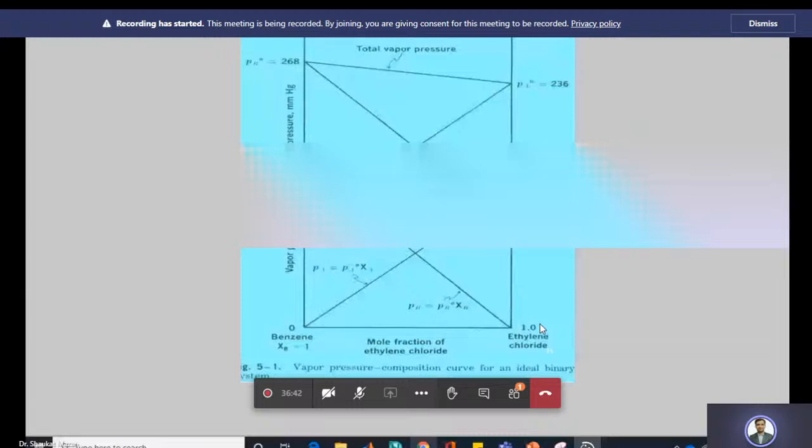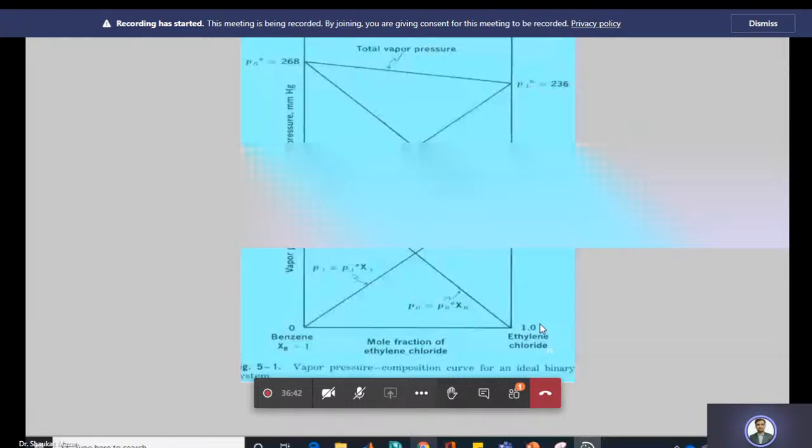But if we talk of a system in between, for example when mole fraction is 0.5, the values will definitely be different. Here is something interesting. You can see that the pressure in the purest form for A is 236 and for B is 268. Definitely, it means that the vapor pressure of B is higher compared with A when they are in the purest form.